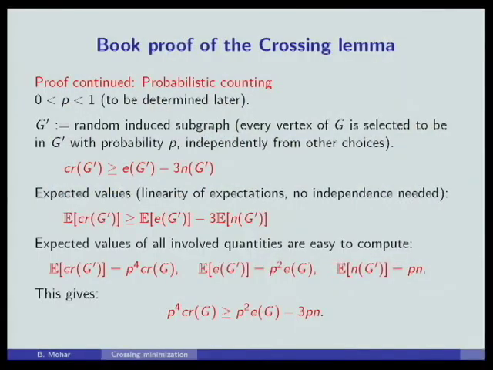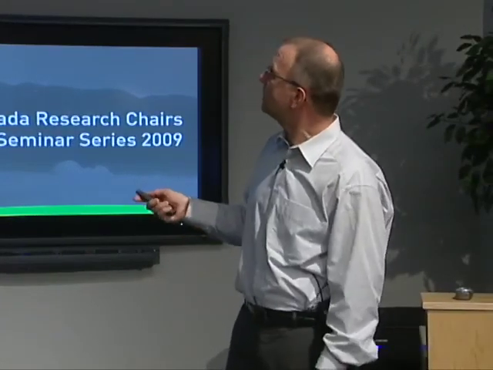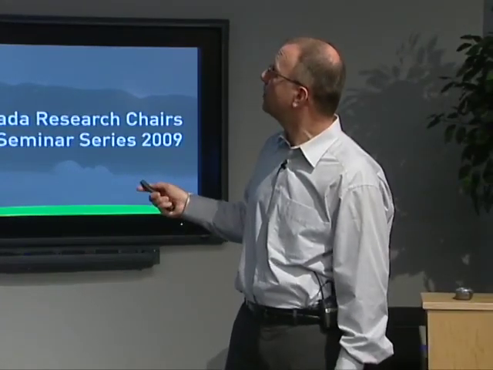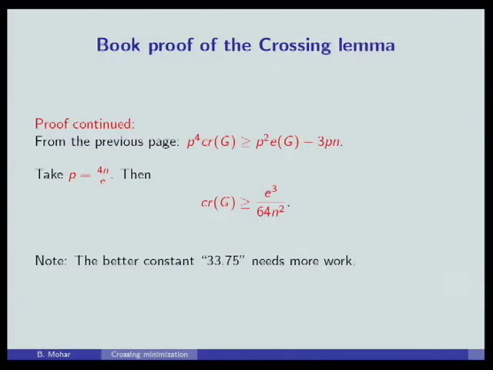That's just the average argument. And so you just plug in these expected values. It turns out that p to the 4 times the crossing number is at least this value on the right-hand side. And just to continue, so we came to this. Now what you do, you just choose a good probability. Maybe 1/2 was not good, you choose something better. And with some basic calculus, it turns out that this probability is actually the best you can do.